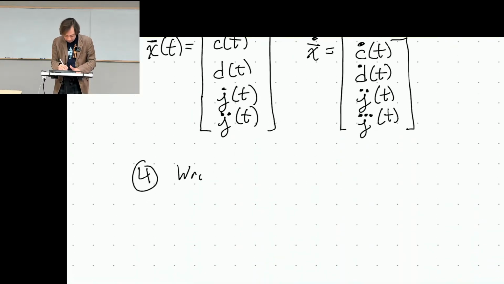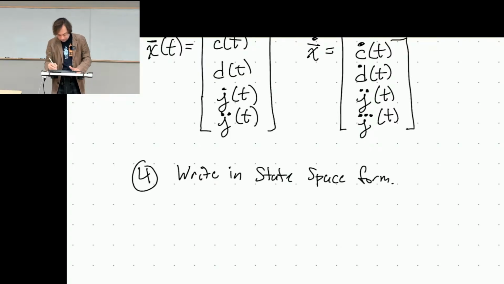All right. Finally, step 4. Write in state space form. Okay. What this means is that you have to write the derivative.